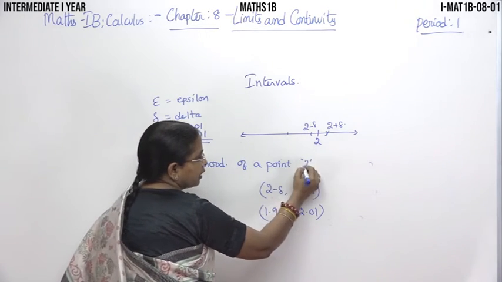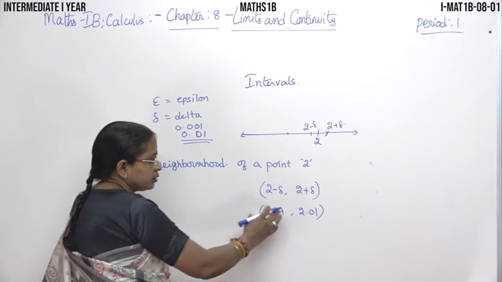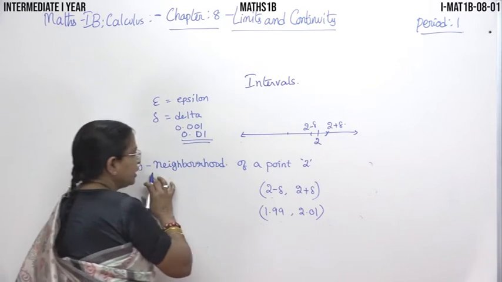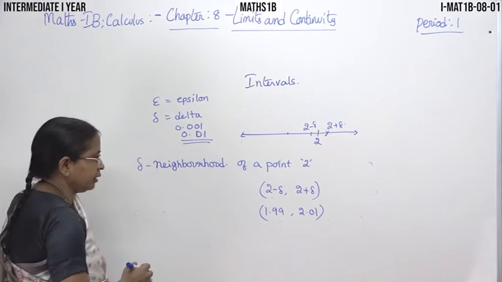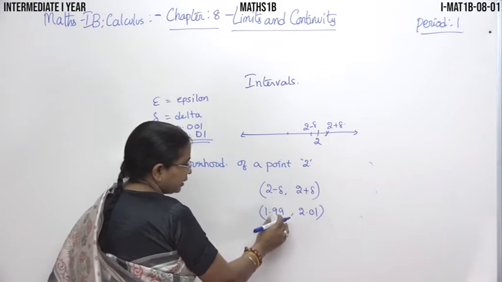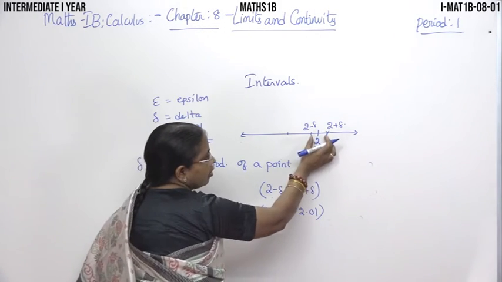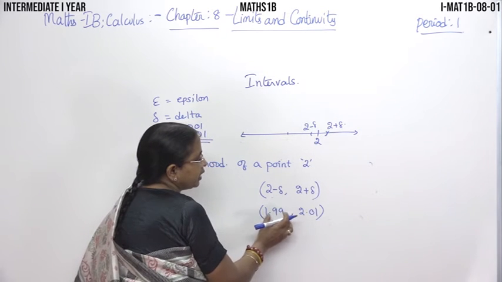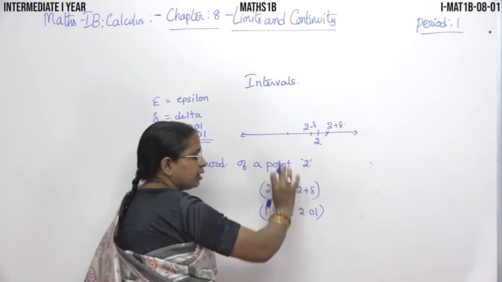Here I took the number as 2, no? So this small interval is called the delta neighborhood of the point 2, of the point A in general. Now suppose that in this interval, all numbers lying between 1.99 and 2.01 are there.